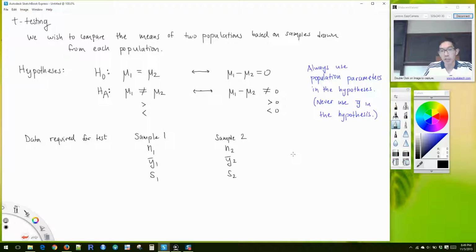Our standard error is the same standard error that we saw in confidence intervals for 2 samples, s1 squared over n1 plus s2 squared over n2, that quantity inside a square root.